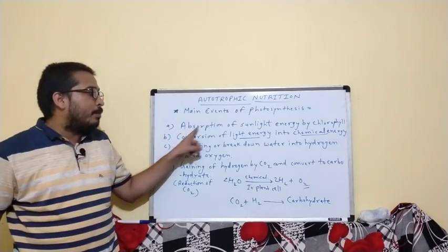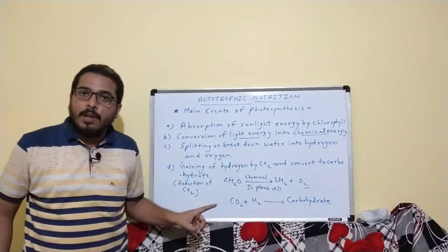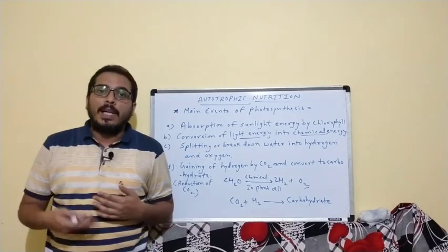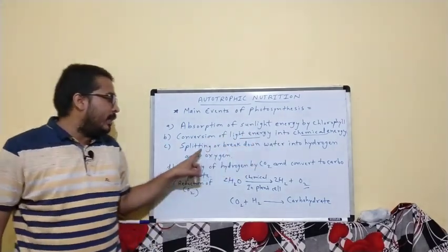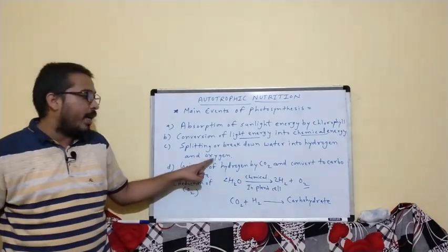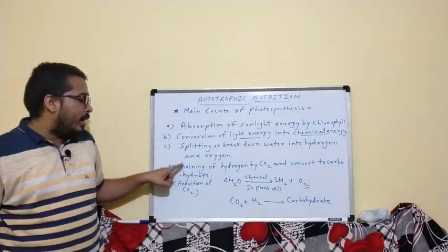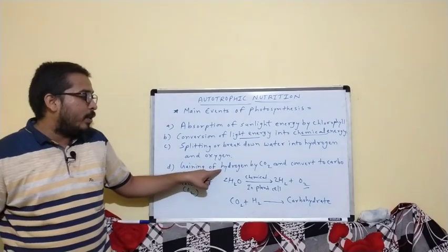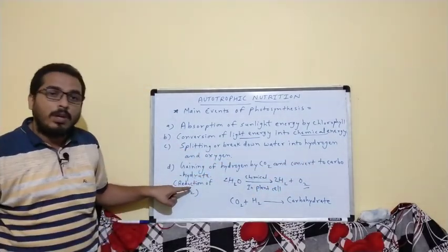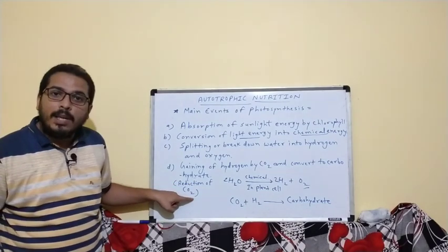First one is absorption of sunlight energy by chlorophyll. Second one is conversion of light energy into chemical energy. This chemical energy is used for splitting water into hydrogen and oxygen. And the last one is gaining of hydrogen by carbon dioxide and conversion to carbohydrate. It is also called reduction of carbon dioxide.